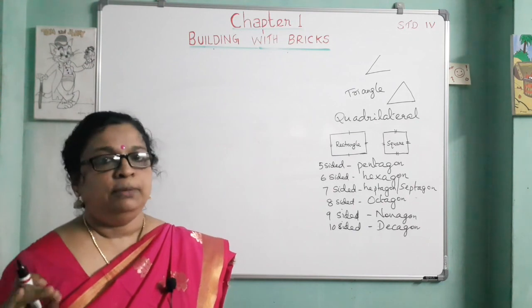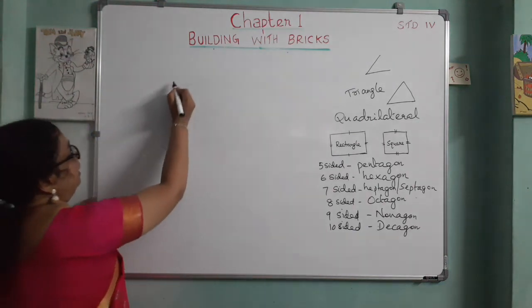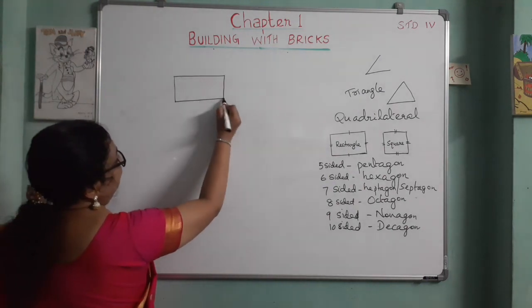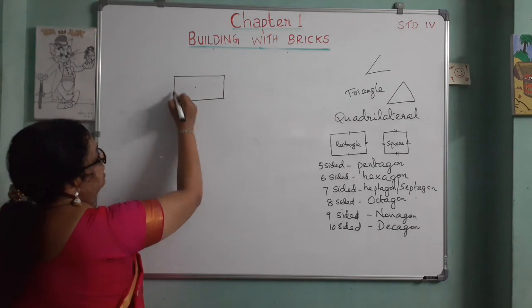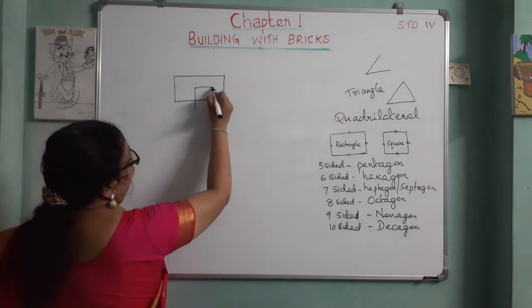Brick, you all know the brick. Brick shape you all know. Then I draw a rectangle. This is a rectangle. And from here, this length I draw. And this length here I draw.